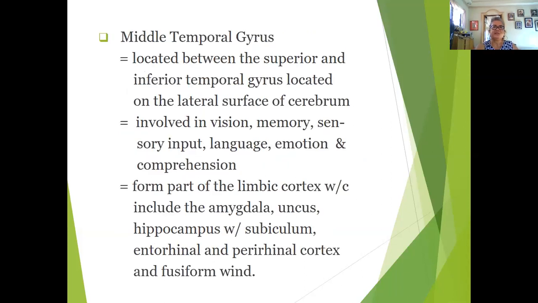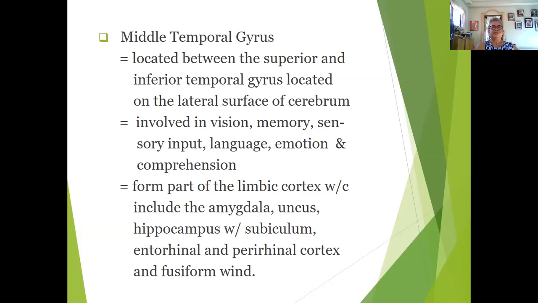Then you have the middle temporal gyrus. This is located between the superior and inferior temporal gyrus, located on the lateral surface of the cerebrum. It is involved in vision, memory, sensory input, language, emotion, and comprehension. And this will form part of the limbic cortex, which includes the amygdala, uncus, hippocampus with subiculum, entorhinal and perirhinal cortex, and the fusiform gyrus.